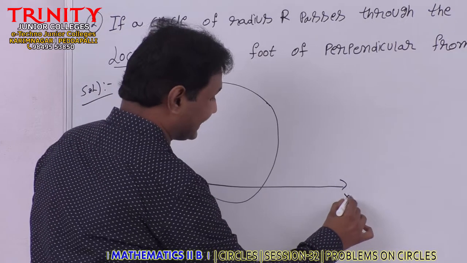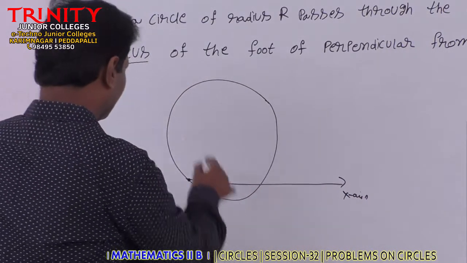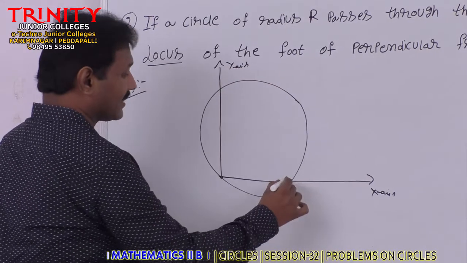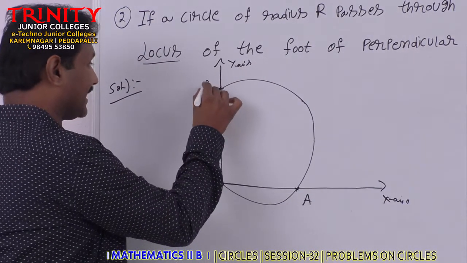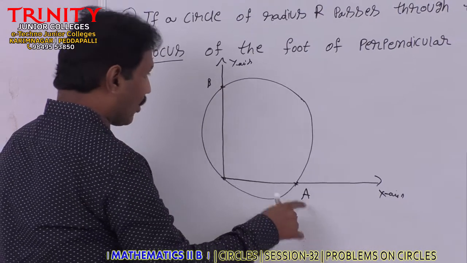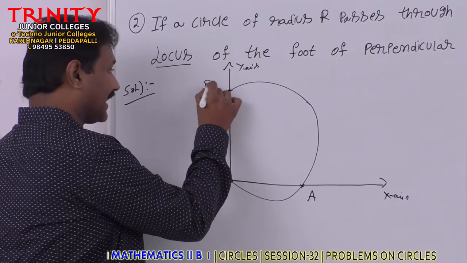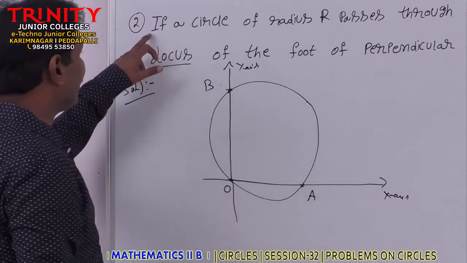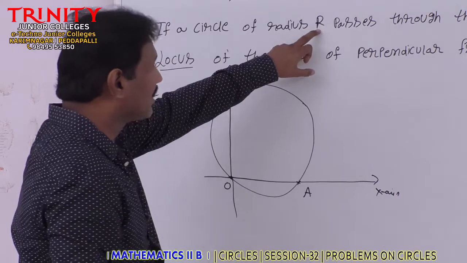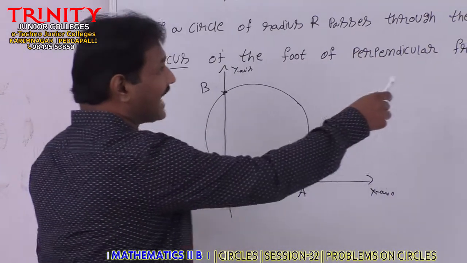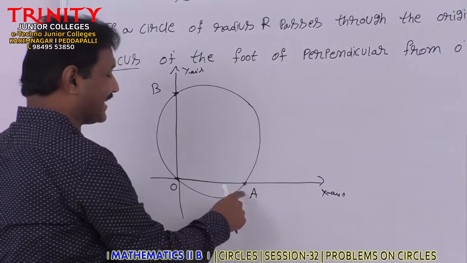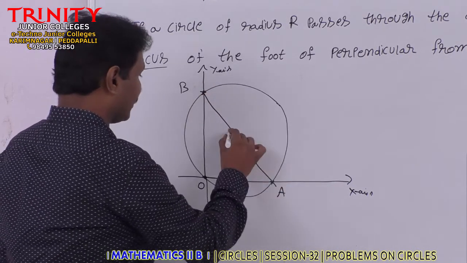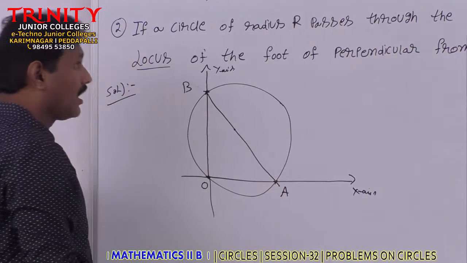This is the x-axis, this is the y-axis. The circle intersects the x-axis at the point mentioned as A, and intersects the y-axis at the point mentioned as B. This is the origin O. The circle of radius R passes through the origin and cuts the coordinate axes at A and B. Join AB.